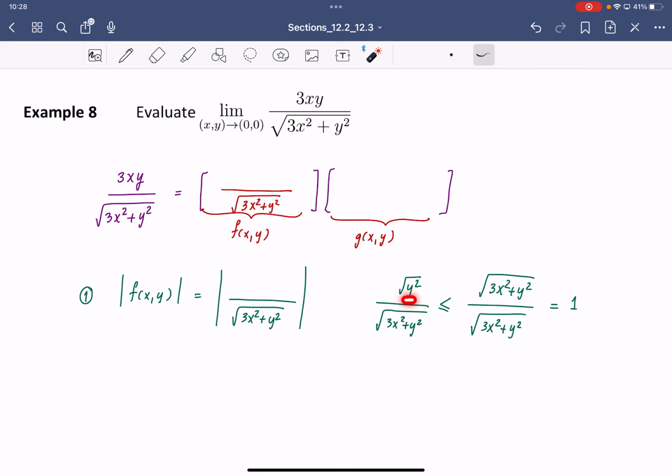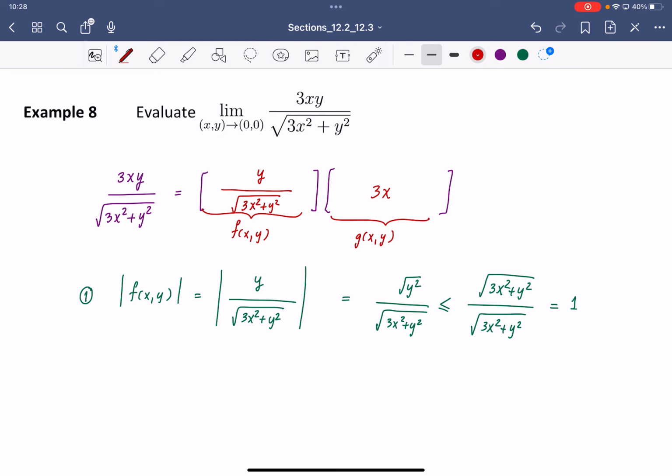So y squared is less than 3x squared plus y squared for sure. This is why this is okay. And then once you simplify, it's going to get back to just y. Does it make sense? This is why we keep y here, and we keep 3x here. So once you do that, the absolute value of f(x,y) is going to be less than 1.